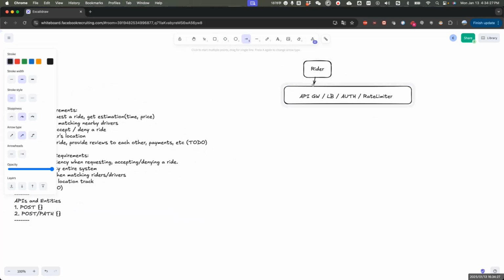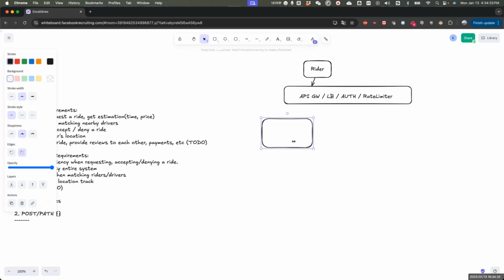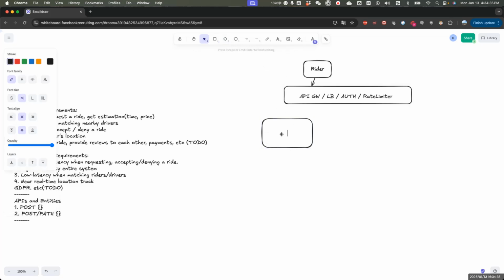Okay, so via this API gateway, we will have a ride request service.